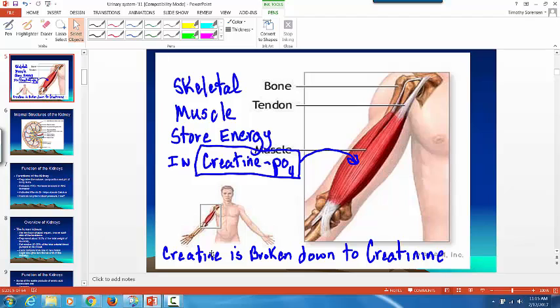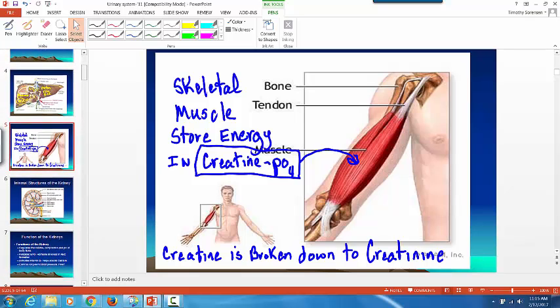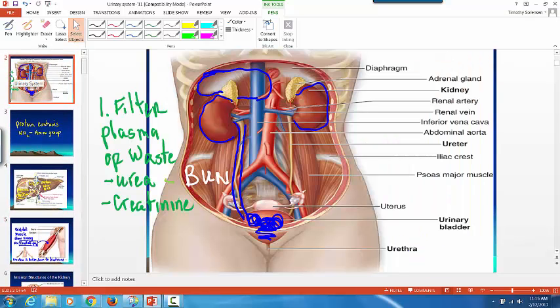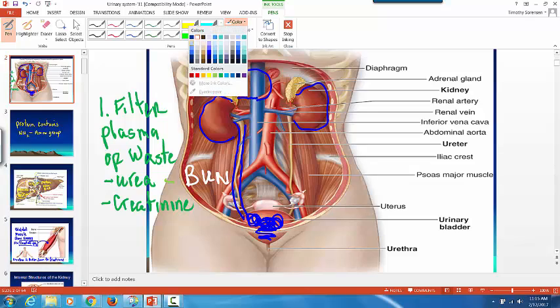When creatine is broken down, it's broken down to the waste product creatinine. And creatinine has to be gotten rid of. You can't breathe out creatinine, so the only way you can get rid of it is by filtering it out of your kidneys. So the kidneys have to get rid of that creatinine, and they do that by filtering it out.